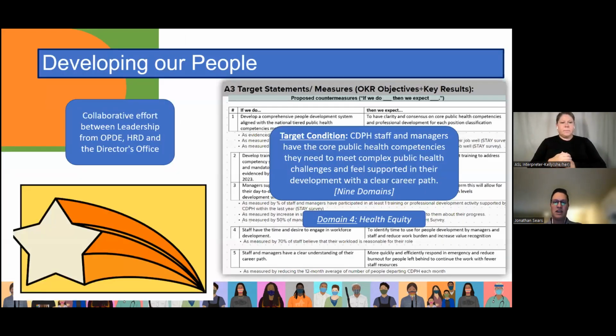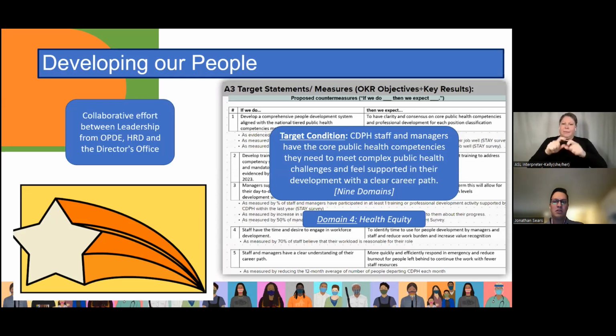Thank you. As you all know, a key tenet of lean is respect for people. And a key part of respect for people at CDPH is to develop our staff as leaders and to build their capacity and competencies to drive continuous public health improvement. So our first strategic A3 is developing our people at CDPH.